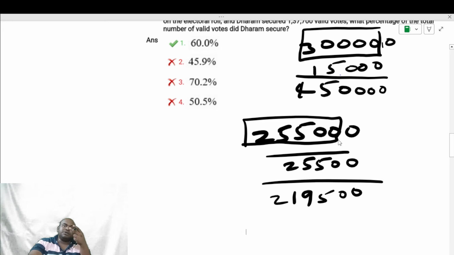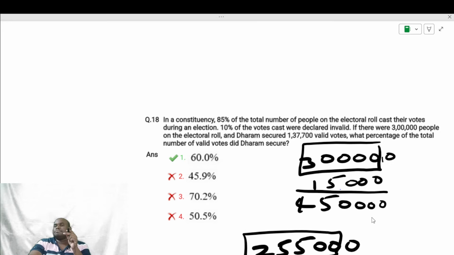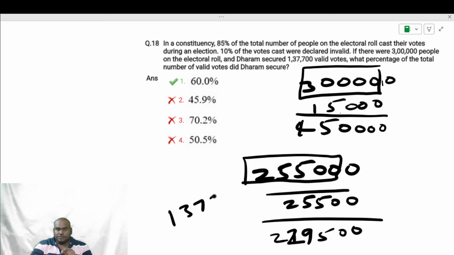What percentage of the total number of valid votes did Dharam secure? What is the Dharam votes value? 1,37,700 out of 2,29,500. Percentage, so that's why into 100.